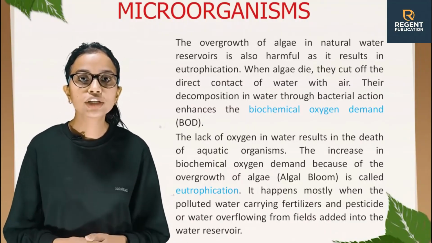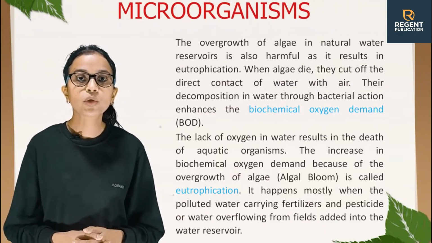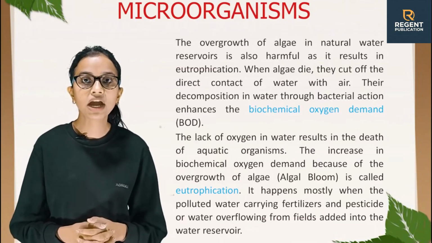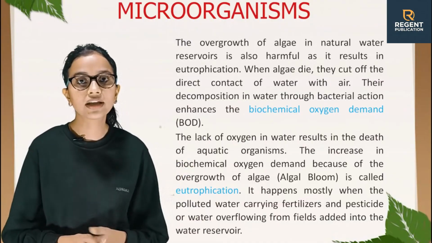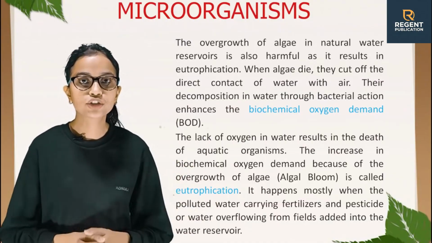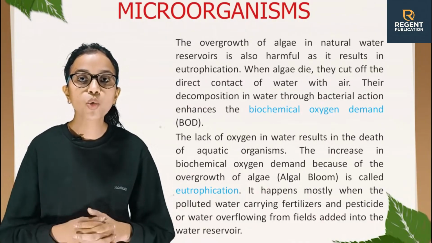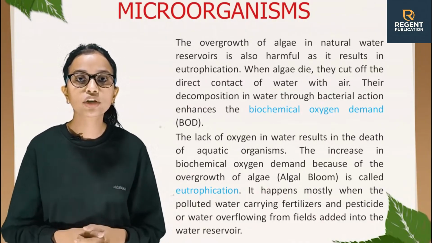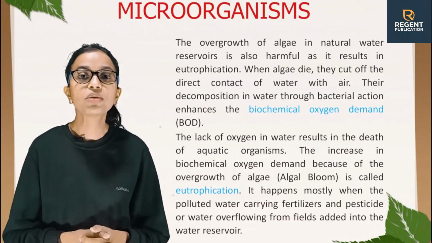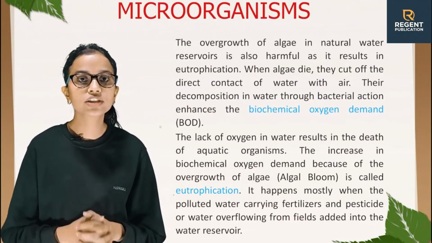The lack of oxygen in water results in the death of aquatic organisms. The increase in biochemical oxygen demand because of the overgrowth of algae, the algal bloom, is called eutrophication. It happens mostly when polluted water carrying fertilizers and pesticides, or water overflowing from fields, is added into the water reservoir.